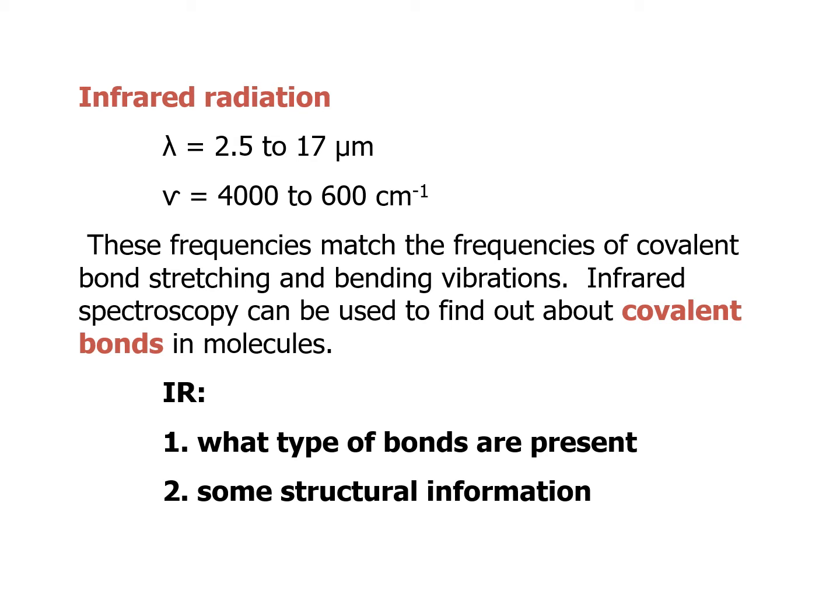If it matches the bond strength frequency, that IR radiation will be absorbed, the bond will be stretched and vibrate. If it doesn't match, the IR radiation will pass through the molecule and be detected on the other end.